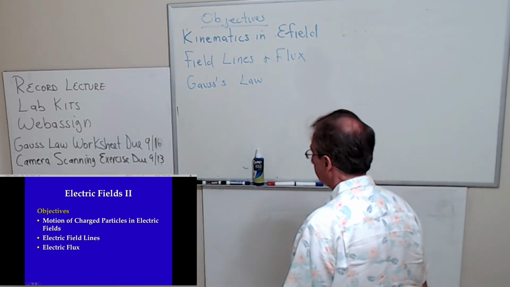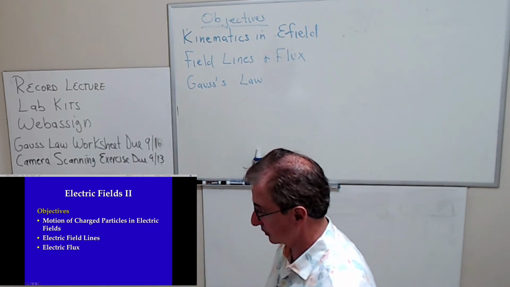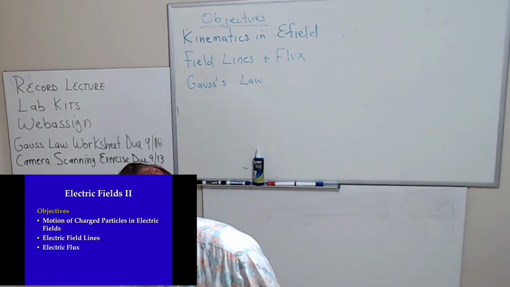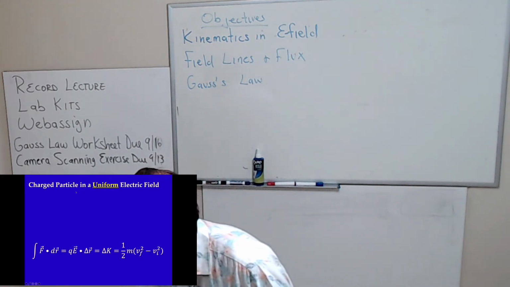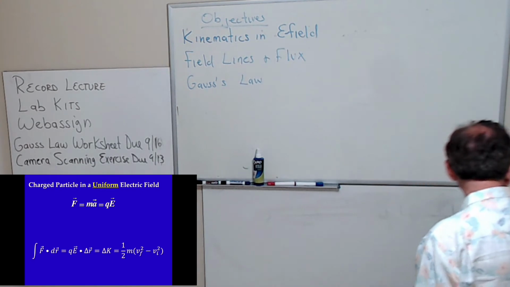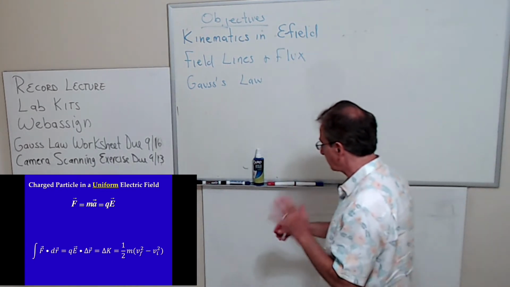Okay. So let's start talking about the motion of charged particles in an electric field. So let's assume we have a particle under the influence just of an electric field.